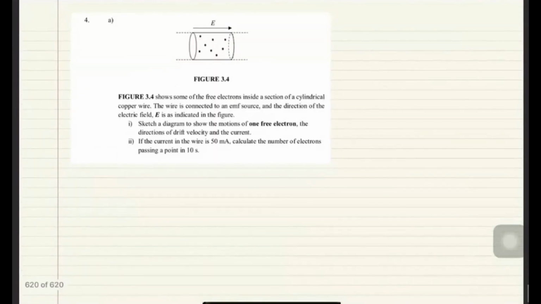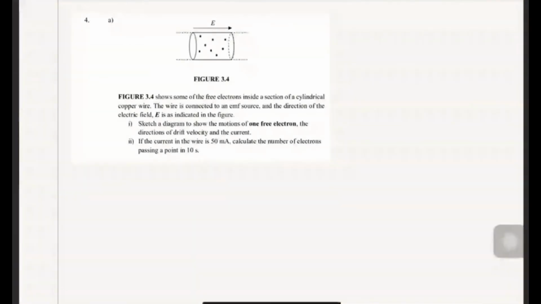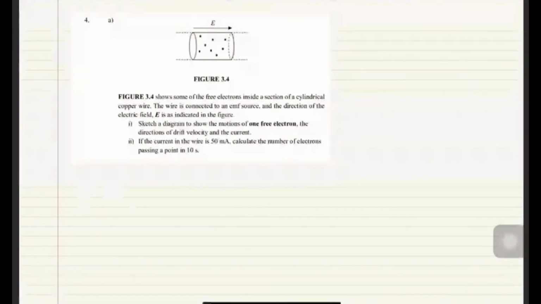4A ni kata show some of the free electron inside the section of a cylindrical copper wire. Okay, the wire is connected to an EMF source and the direction of the electric field E is indicated as in the figure. And then the wire, okay, sketch a diagram to show the motion of one free electron, the direction of drift velocity and the current.